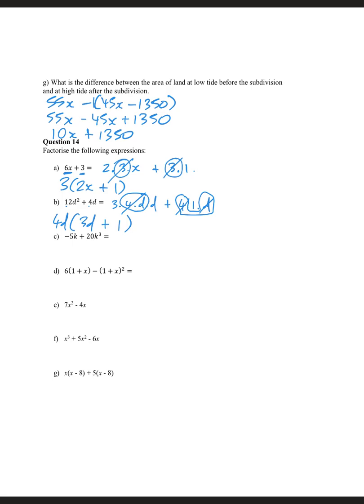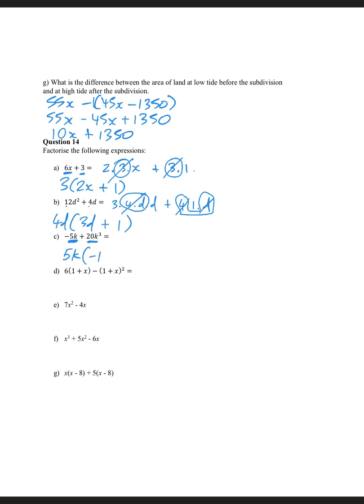Next, you've got 5 goes into 20 nicely, and they both have k's, so I'm not going to do it in full now. 5k goes into both of those. What would I have to times 5k by to get negative 5k? I'd have to times it by negative 1.